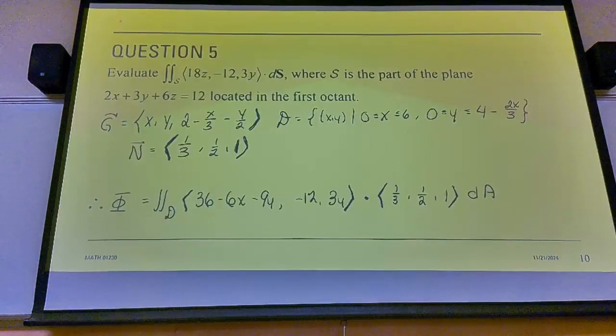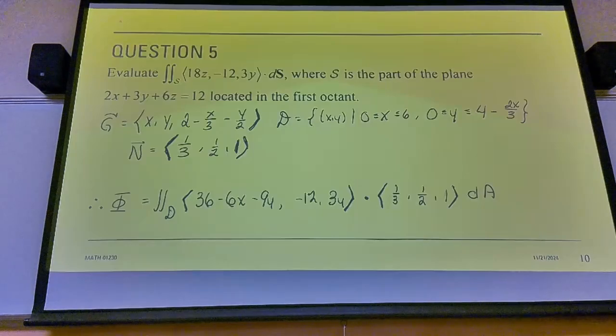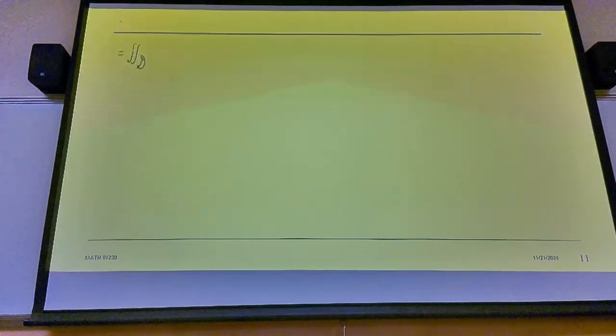Perform that dot product. Six minus 2x. That is what you're going to be left with when you do the dot product. Yes, 6 minus 2x. We don't have a choice on the order of integration.